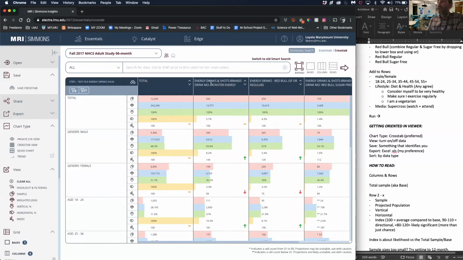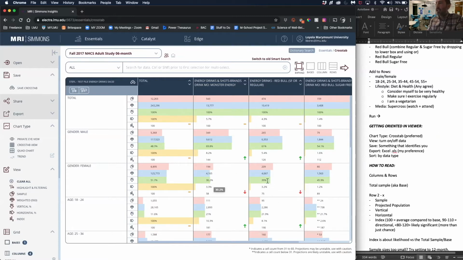Among Monster Energy drinkers, 30% are female. Among Red Bull regular drinkers, 39% are female. If we're paying attention to the data here, we can see that Red Bull has almost 10% more female drinkers than Monster Energy.